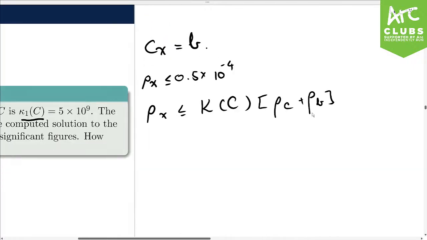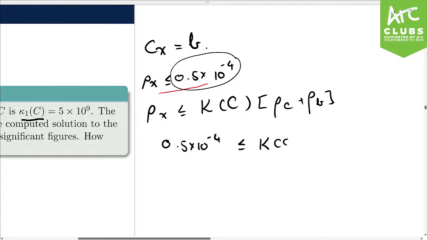So if we want to guarantee that this line holds, we can just make this thing less than what we get here. So we can just try to solve the inequality 0.5 times 10 to the minus 4 is less than or equal to this.